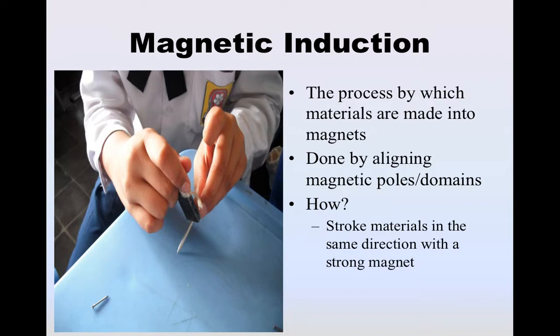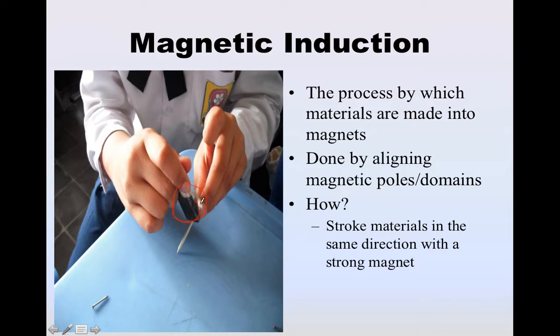Now, how do I take a pair of scissors and make them magnetic? What I'll do is basically have a magnet, as you see in this diagram here. I'll take that magnet right there and I'll let it touch or attach to that nail. You can see in this diagram, they're using a nail and a magnet.